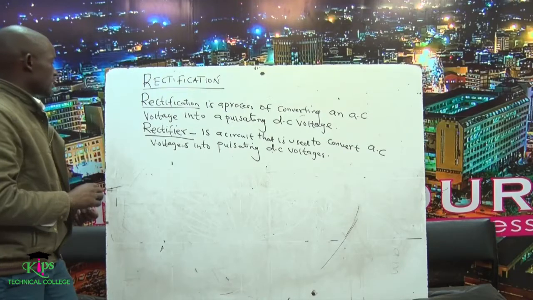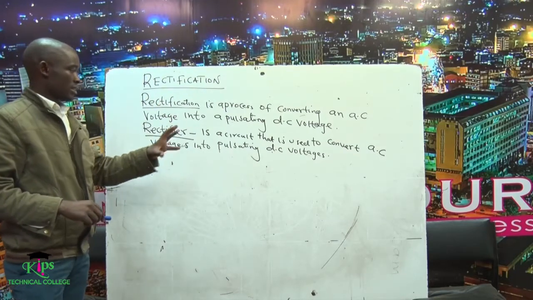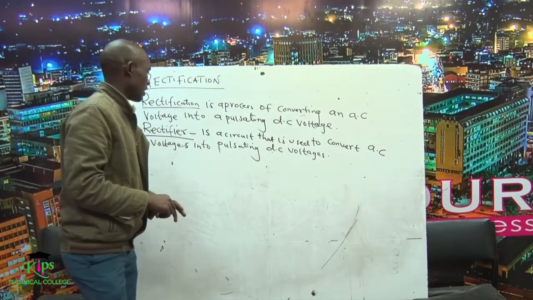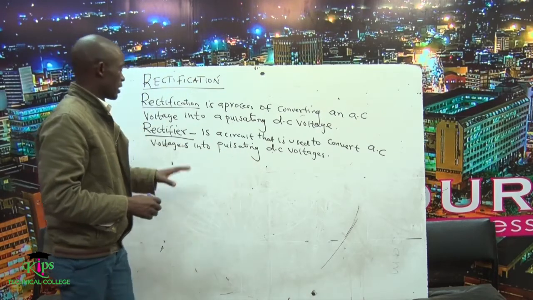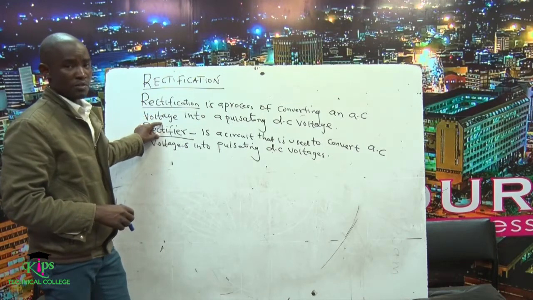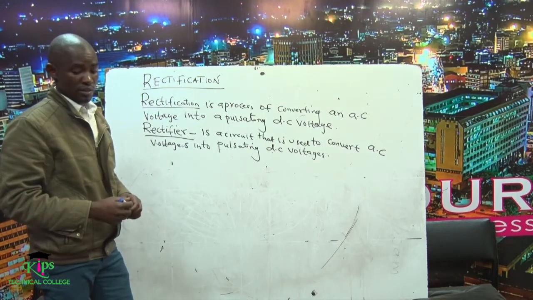So having defined a rectifier as a circuit that is used to convert AC voltages into pulsating DC voltages, then we now want to analyze the various types of rectifiers that we have.